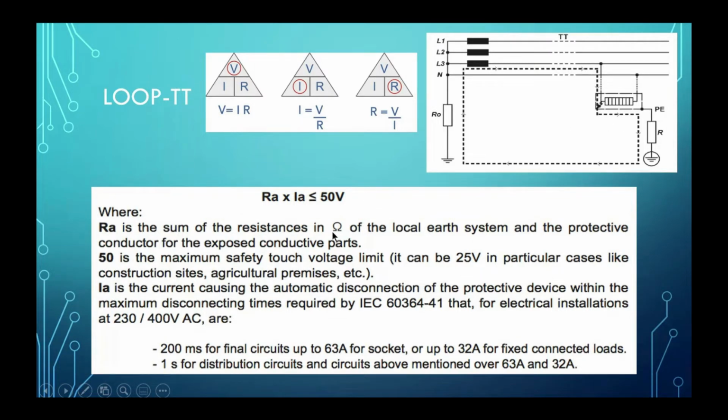So 50 is the maximum safety touch voltage. It can be 25 volt in particular cases like construction sites and agricultural premises. For your information, generally we set the safety touch voltage on our instrument to 50 volt in general conditions for every building, except for construction sites and agricultural premises.